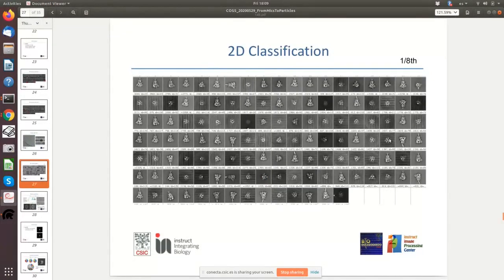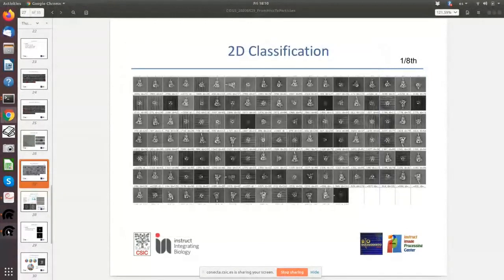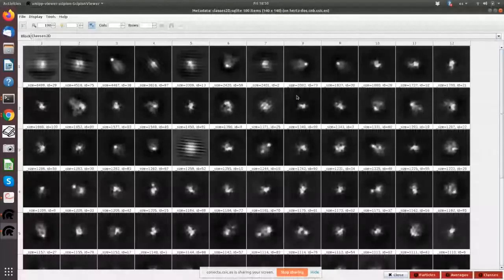Actually, this is the classification with the discarded particles. So you don't see any, just a few there, but this is just 1% of the input data set.